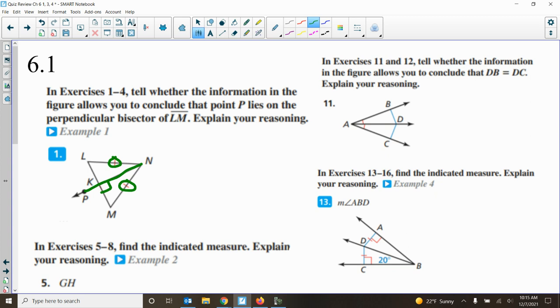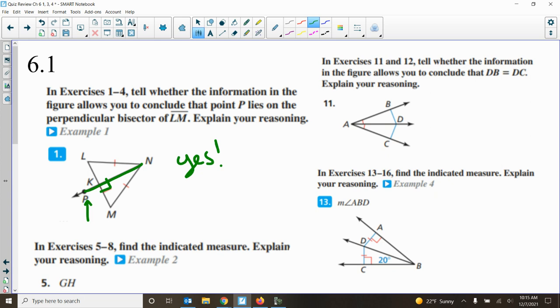Okay, now that is a property of a point being on the perpendicular bisector of the segment. And since this line is in fact perpendicular due to this right angle here, we do know that point P does fall on the perpendicular bisector.